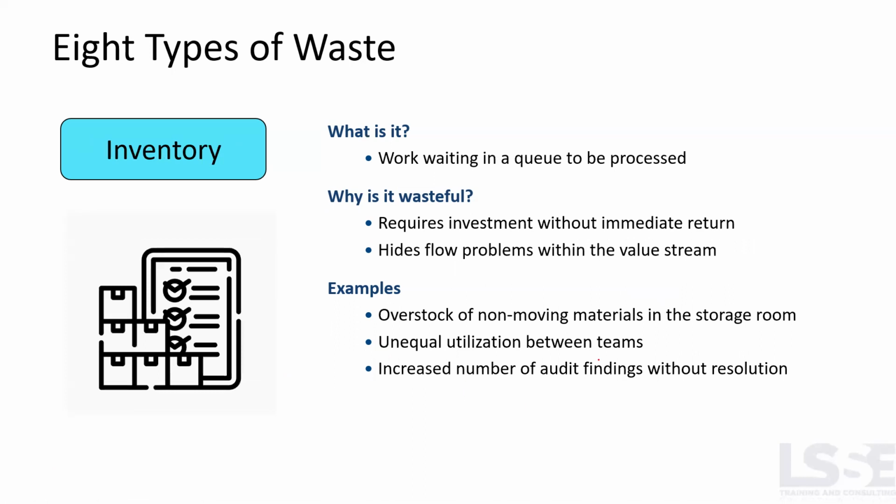The second type of waste is inventory. Again, this is probably more applicable in the manufacturing setup. Inventory is when you buy a lot of materials and then they're waiting to be processed. The best analogy I can think of is at home.